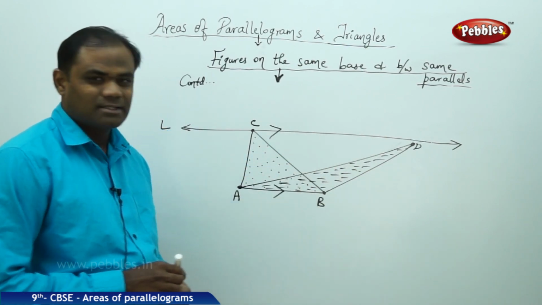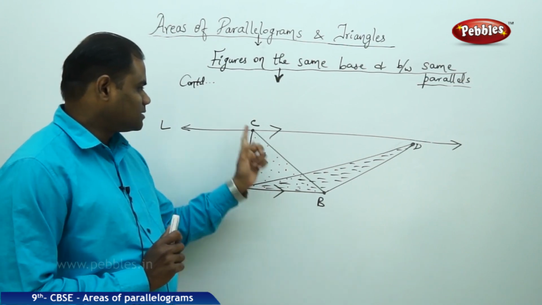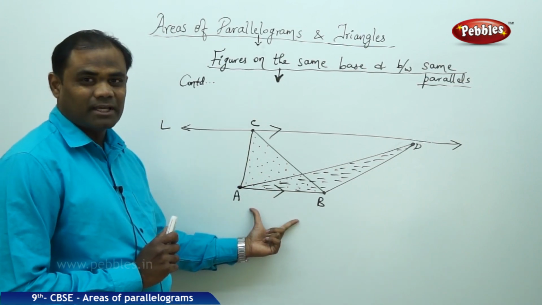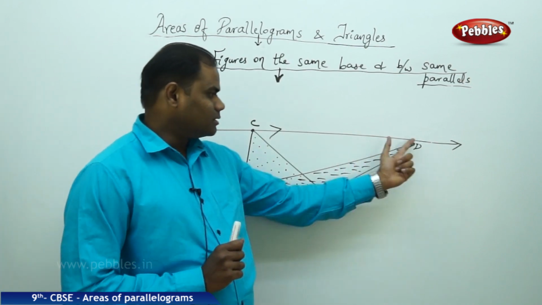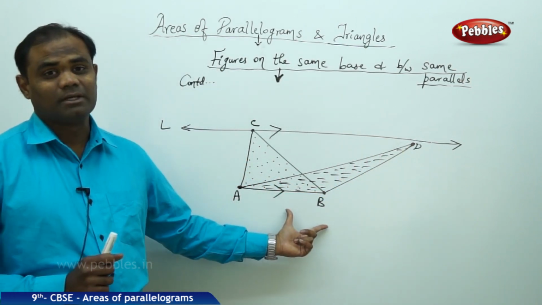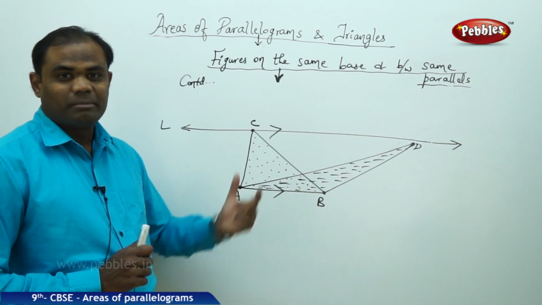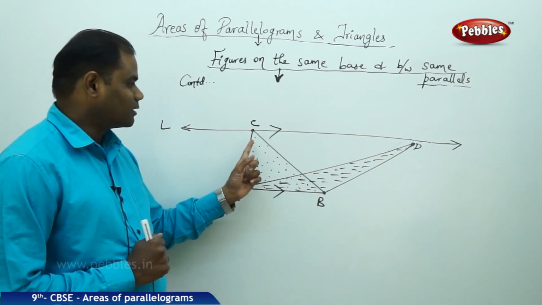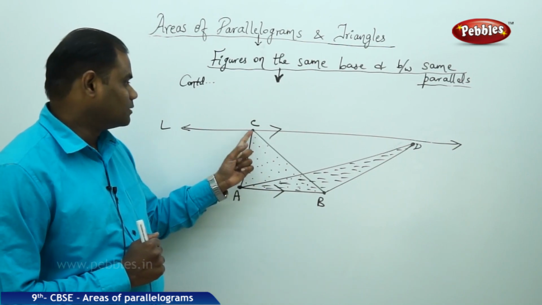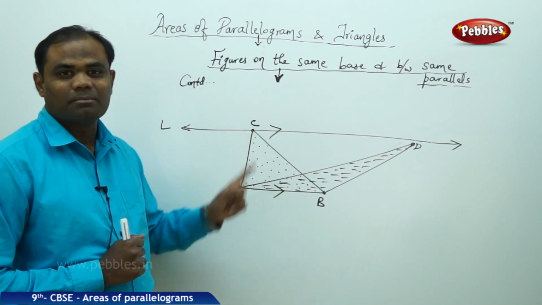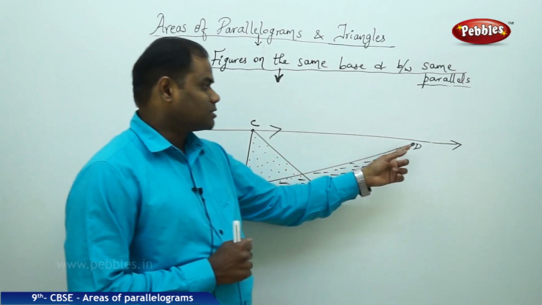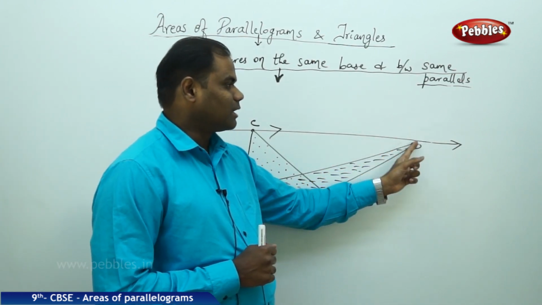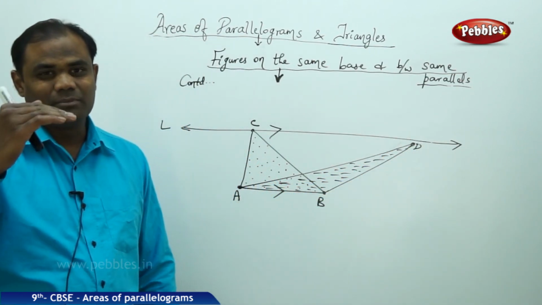So in this case, I see that the triangle ABC is on the same base AB and triangle ABD also is on the same base AB, but they are not between same parallels, because ABC is a triangle between parallels with the third vertex C exactly on the parallel line. But this point D is not on the parallel line and hence it is slightly below.